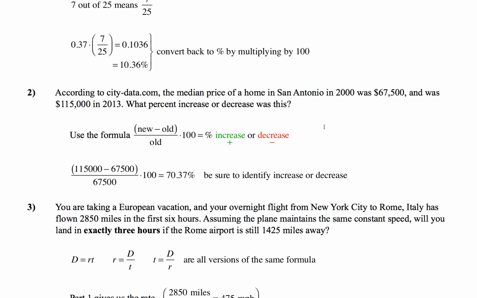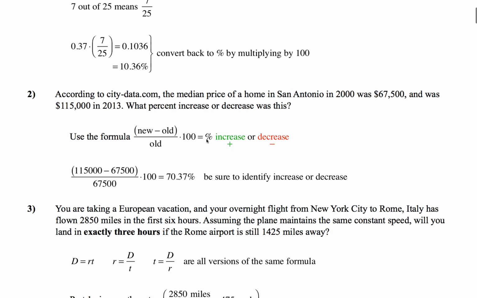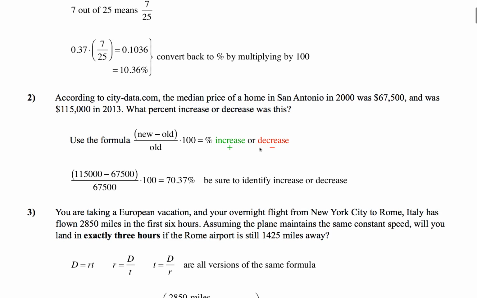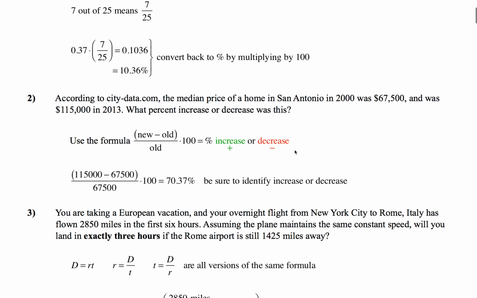If you enter this all in one step in your calculator, make sure that you put parentheses to segregate that numerator to make it one value. And then after you divide by the old, you'll want to multiply by 100 again to convert to a percentage. If that value is positive, then it was an increase. If it was negative, then that's a decrease.